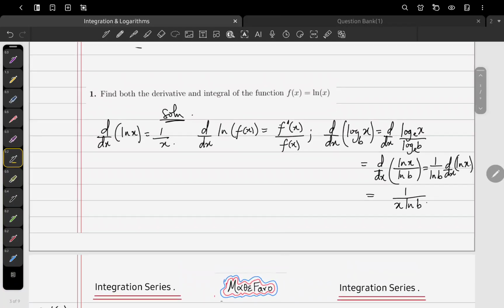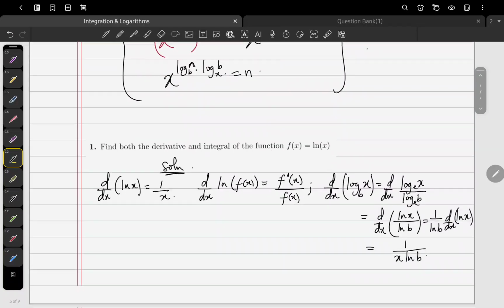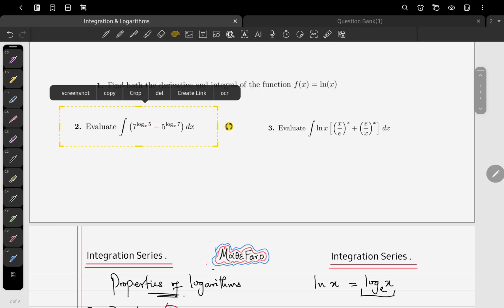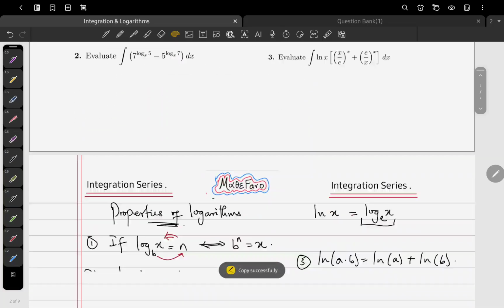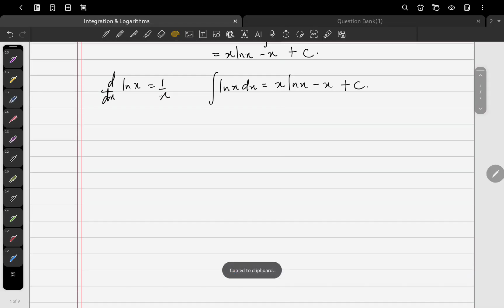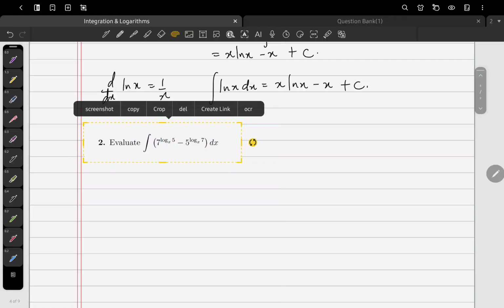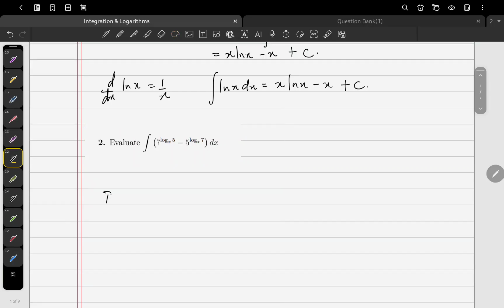The next thing on our list, here's the second question, is to evaluate this ugly looking question. It looks ugly, but as a matter of fact, it is a very simple expression. So we are told to integrate 7 to the power of log 5 base x minus 5 to the power of log 7 base x.